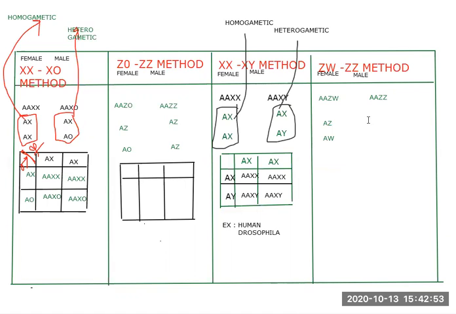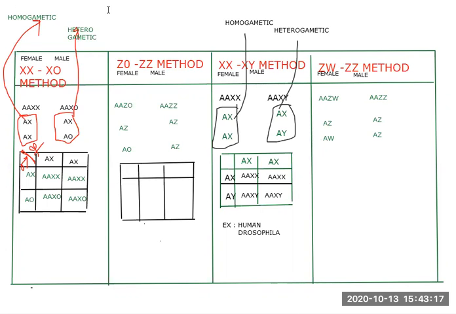Who is homogametic? Female is heterogametic, male is homogametic. In the ZO, ZZ method and the ZW, ZZ method, female is heterogametic, male is homogametic. In the XX, XO method and the XX, XY method, female is homogametic, male is heterogametic.